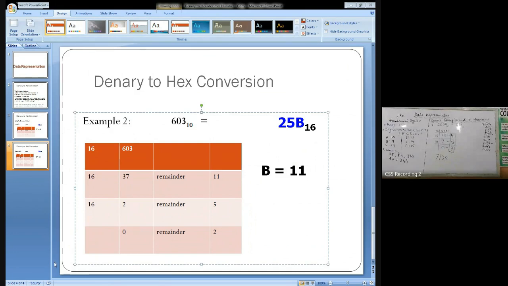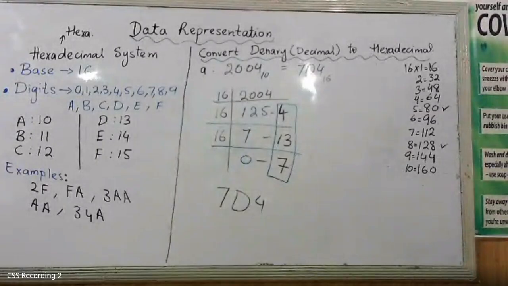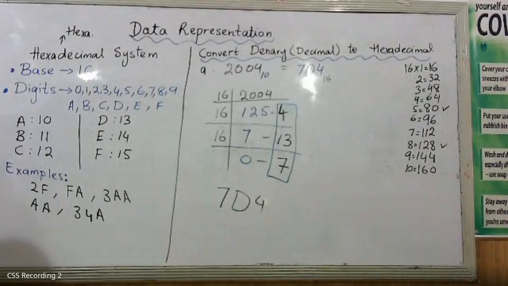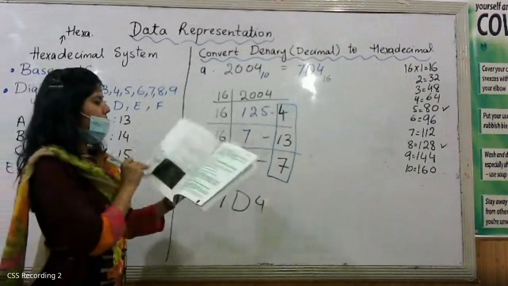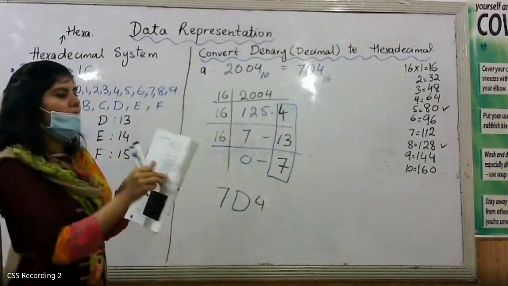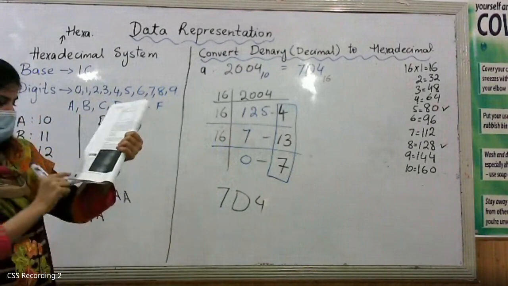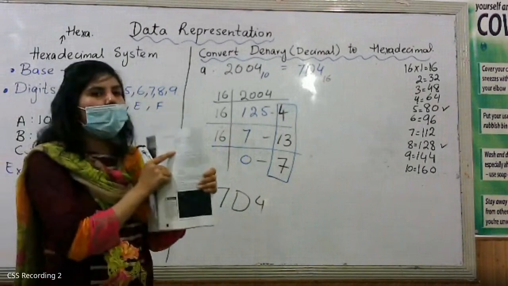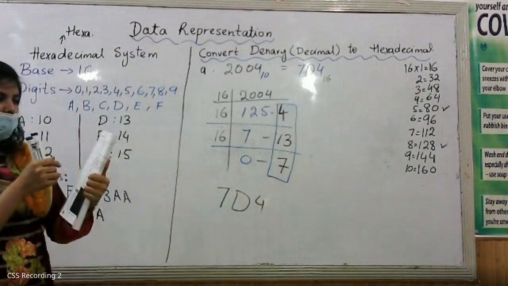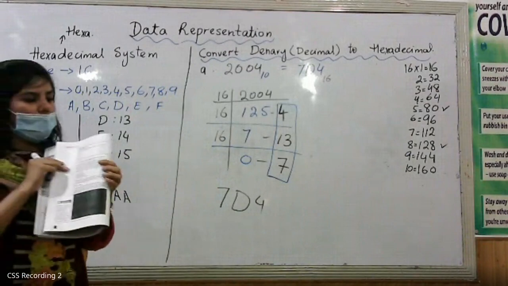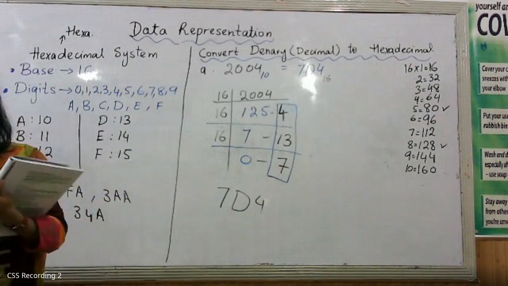Okay. Let me show you another activity mentioned in your book, page number 12, activity 1.6. I hope you can see it. You can use all these questions for further practice.